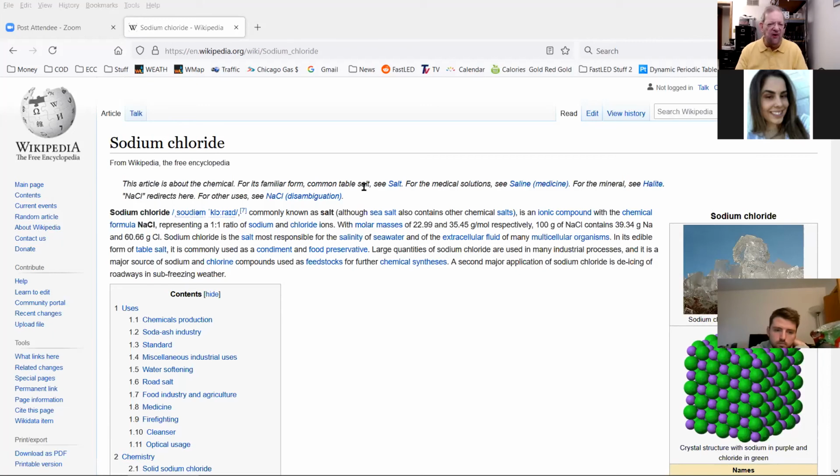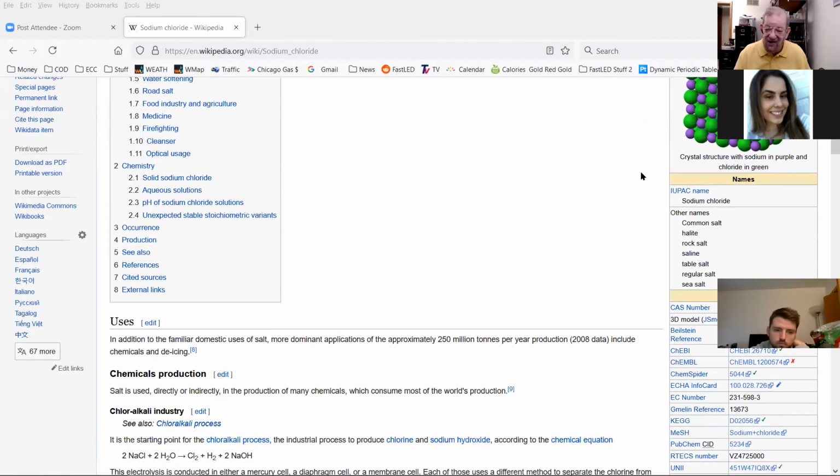Wikipedia has been so heavily policed by chemists like myself that it's been a number of years since I've seen anything, and I'm only talking about chemistry, that's been incorrect. Now, here they have the entry for sodium chloride, and if you look on the right-hand side, it has names and other names, common salt, table salt.